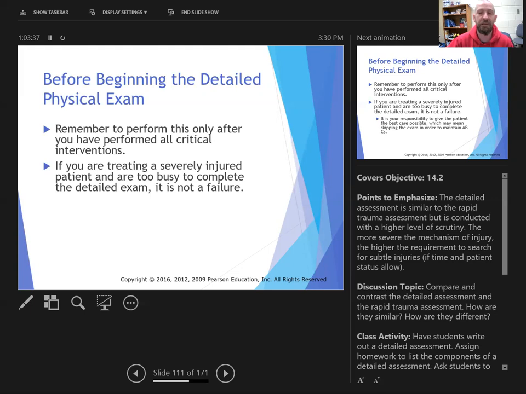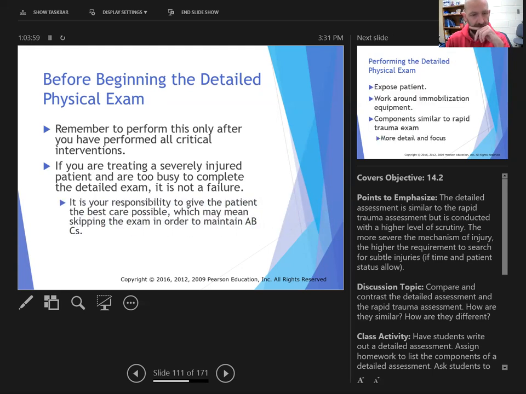So if we can get it done, it's great. If we can't get it done because we're doing other things, then that's okay. Much like getting that second set of vitals. Sometimes if we're just too busy, or getting repeat vitals, extra sets, we just may not be able to because of limitations of time or manpower or whatever you might have there.